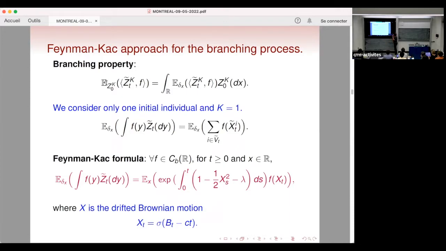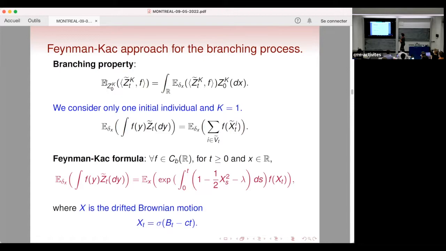And that means that now we will consider only one initial individual, making K equal to 1, and we will observe what happens for our population process when the initial condition is a Dirac measure on one trait x. What we are looking for first is the expectation, starting from the Dirac measure on x, so one individual with trait x, of the population process.